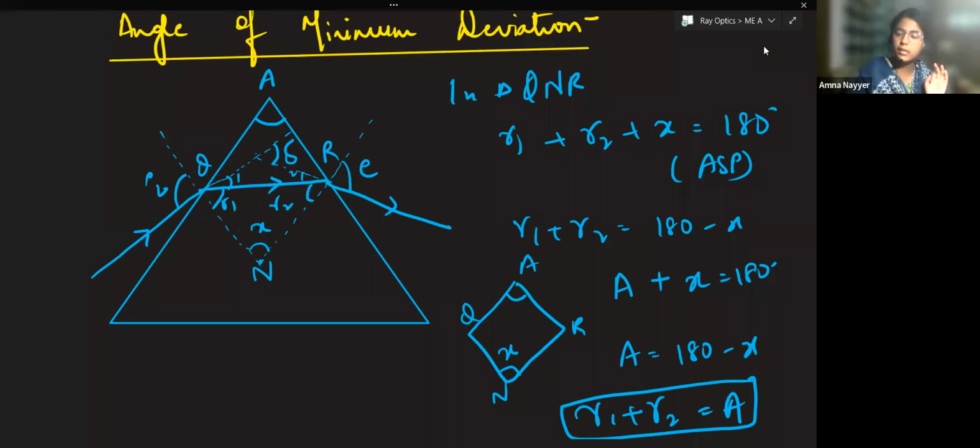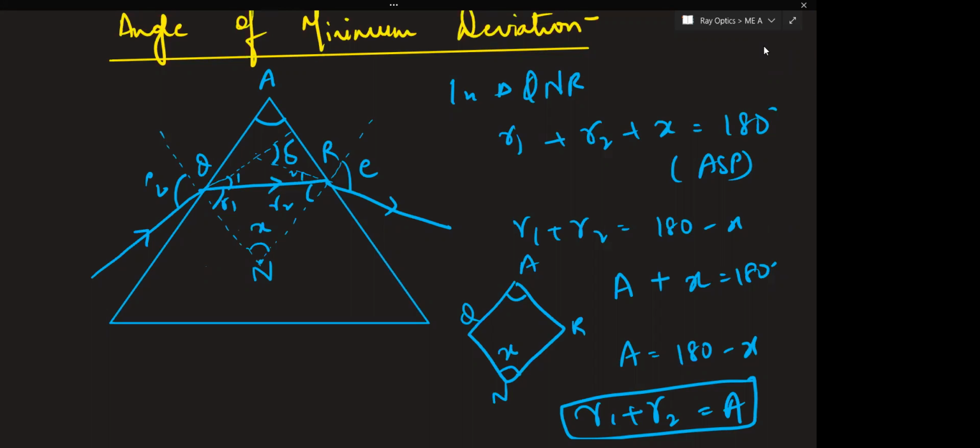First, tell me, is it clear till here, or any doubts till here, or should I repeat? These two lines are clear to you or not? Yes, teacher. Clear? Okay.